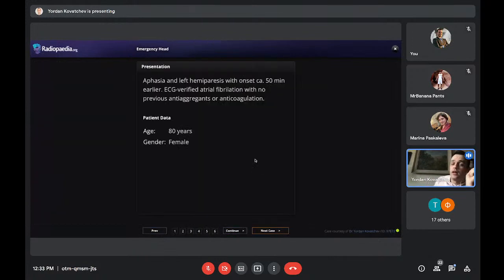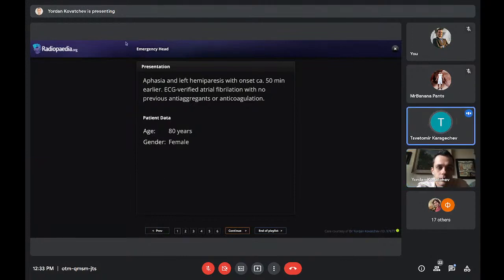Think when you see a young woman with some complaints that correspond to an infarction of the brain, think about possible venous thrombosis. I'm sorry I took a bit more of the time. I just want to add something. This is really a great take-home message for you all.